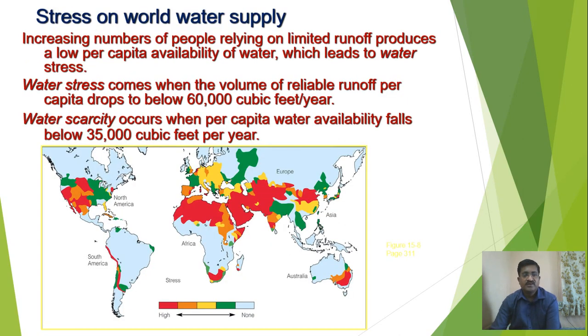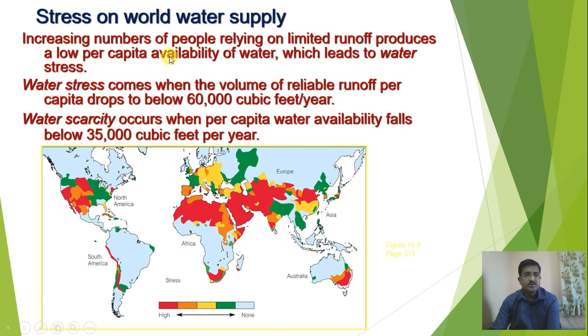Now, as you know, friends, there is a stress on the world water supply. An increasing number of people relying on limited runoff produces low per capita availability of water, which leads to water stress. So at present, the word is water stress. We have limited access to drinking water quality.